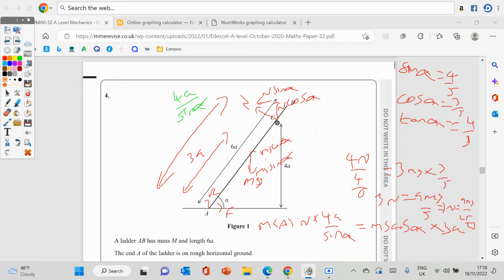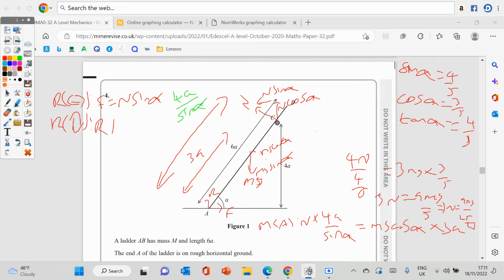Nice and easy. Right, I'm going to keep the diagram because I'm going to need it for the next bit. I'm also going to end up resolving horizontally and vertically. If I resolve horizontally, I've got my frictional force, but I also need the component of N, which will be N sine alpha. And then I also need to look at resolving vertically.